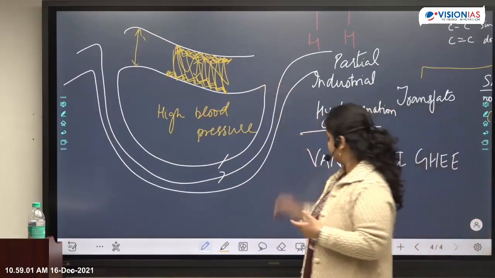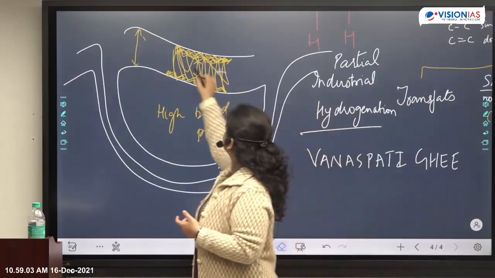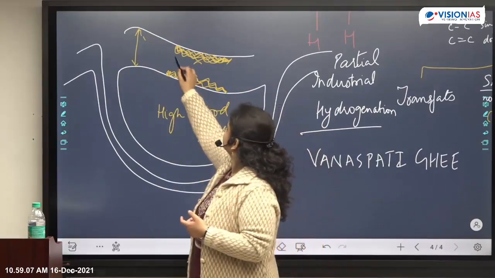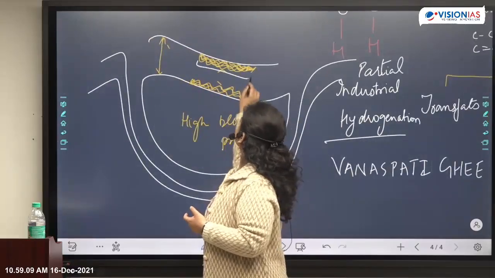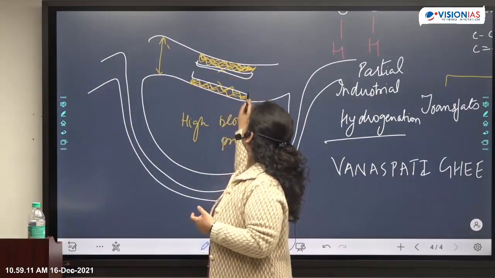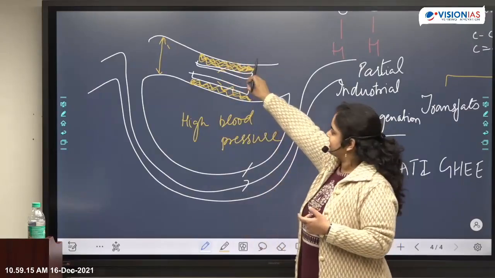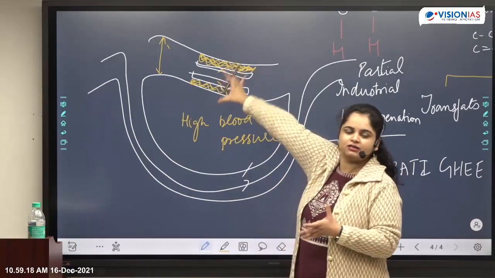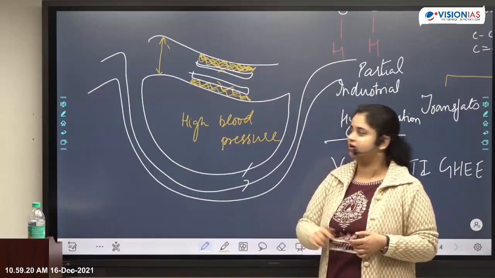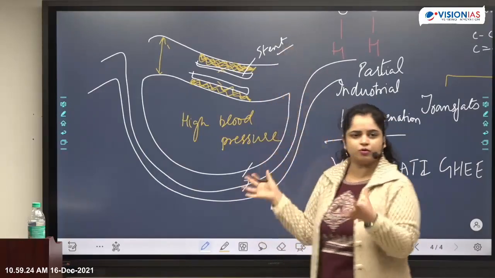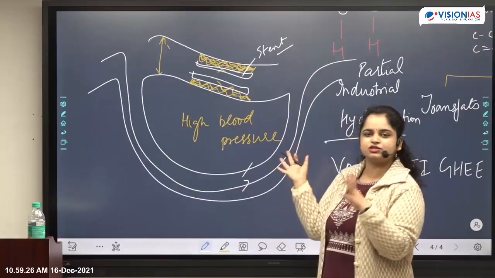Agar isko earlier stages pe if we can detect it, abhi poora band nahi hua, then maybe we can put something which is called a stent. So the stent can actually force these deposits and slightly open the path so that blood flow can be maintained.